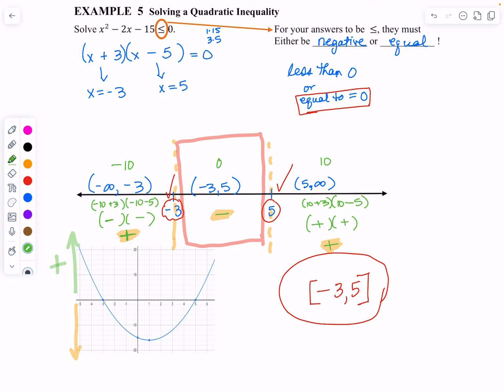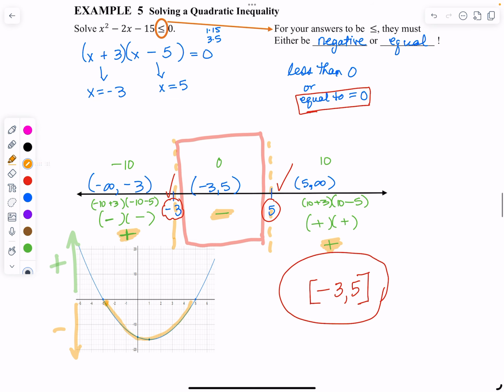So that's my positive ones, and this is my negative ones. And I want what's negative. So it's going to be all of this under here, right? Not that on the right-hand side. Let me get rid of that. So everything, all of this would be what is negative. Any number that I plug in here is going to give me something negative.